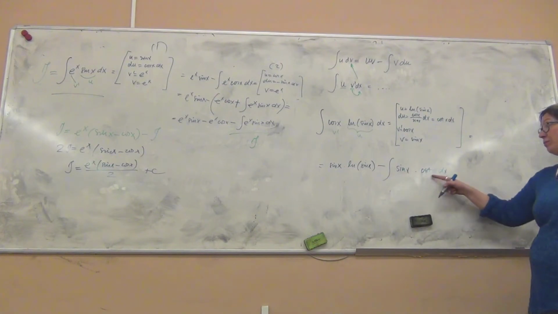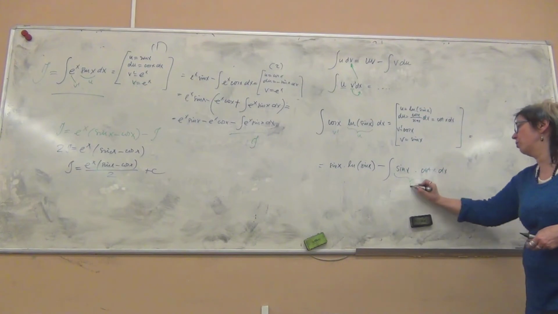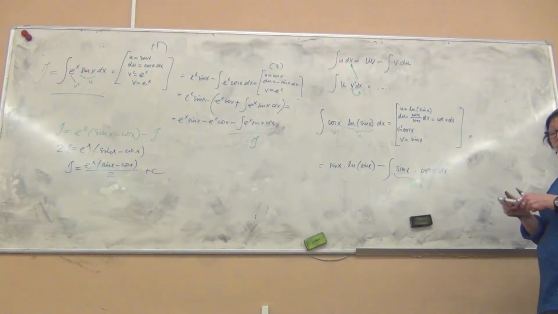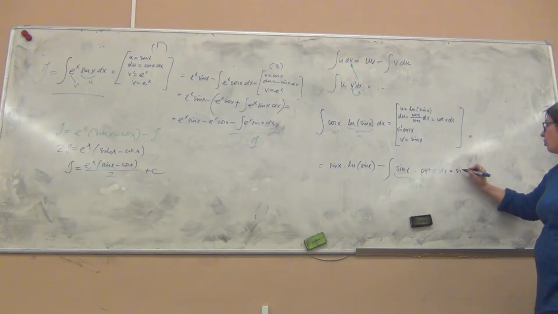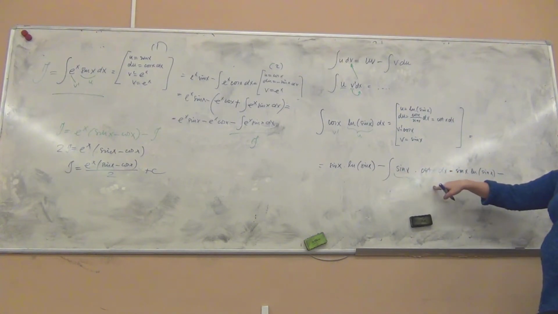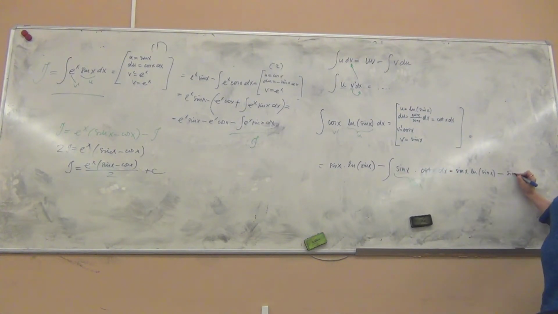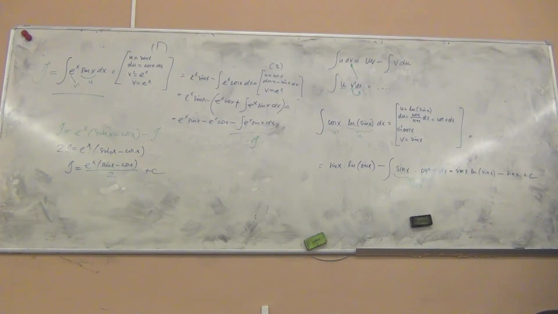So it's actually easier. It's simpler than I thought. I had forgotten this. So sine x ln sine x minus integral of cosine, which is sine. Easier than the previous integrals.